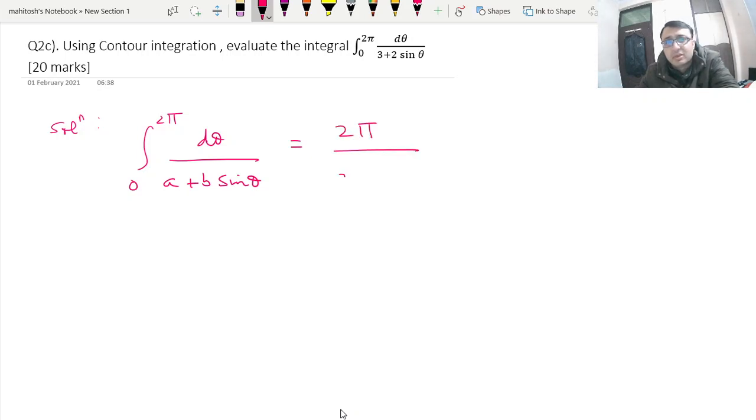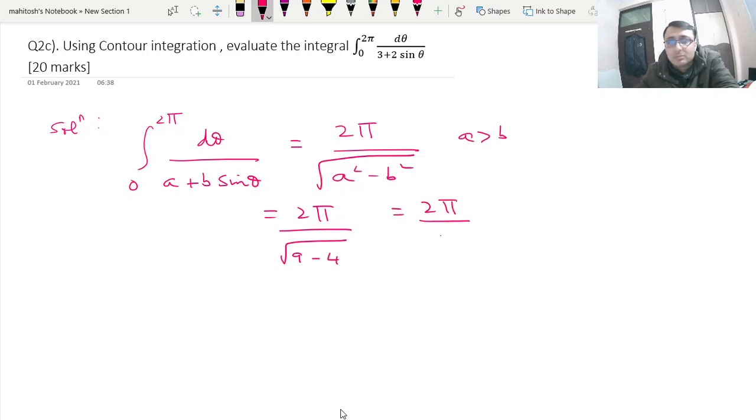So this is 2 pi by root a square minus b square, and a is greater than b. So you know the answer is 2 pi under root 9 minus 4. So you get your answer right. You know the answer beforehand, so you can easily solve this question.